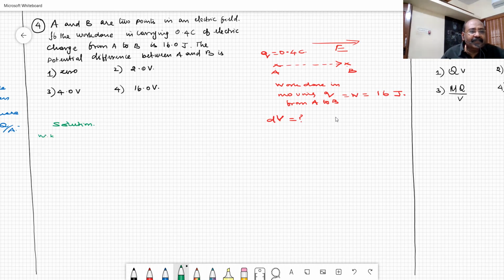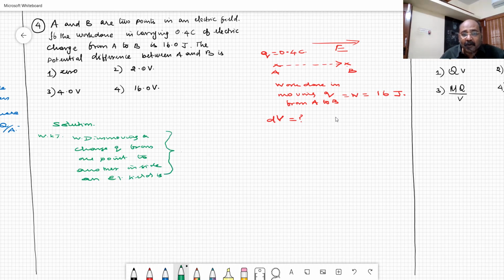We know that the work done in moving a charge Q from one point to another inside an electrical field is nothing but the potential energy, or you can say dE, or the work done is equal to the potential difference dV multiplied by the charge moved.